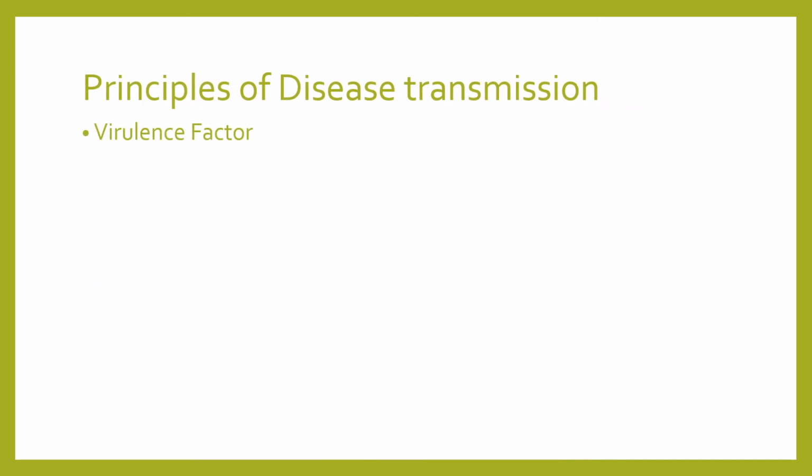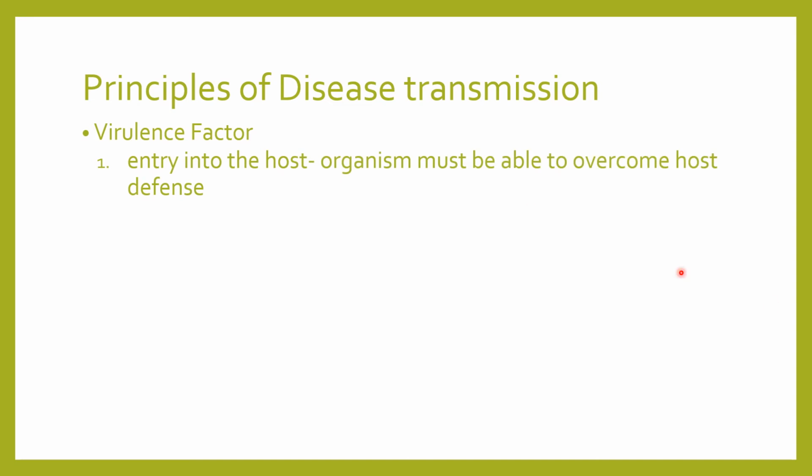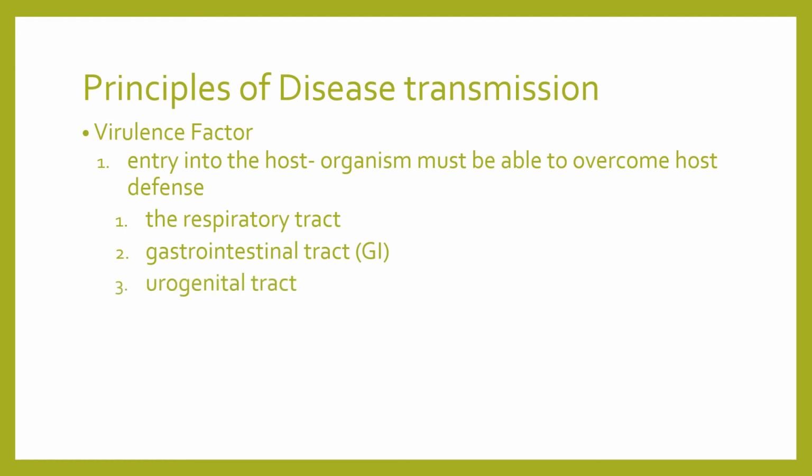So another word to remember is your virulence factor. Remember that virulence is the quantitative amount of the organism to cause a disease. Your virulence factor will depend on the following processes. First, entry: the organism must be able to overcome the host defense, in the respiratory tract, the gastrointestinal tract, the urogenital tract, and even the skin.